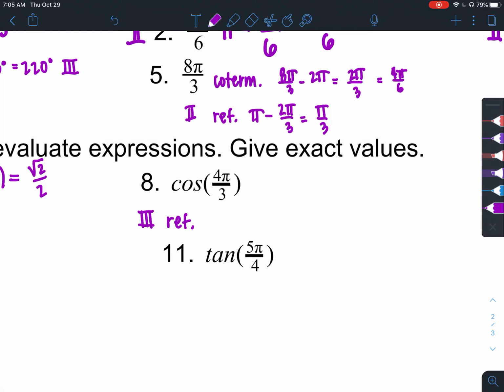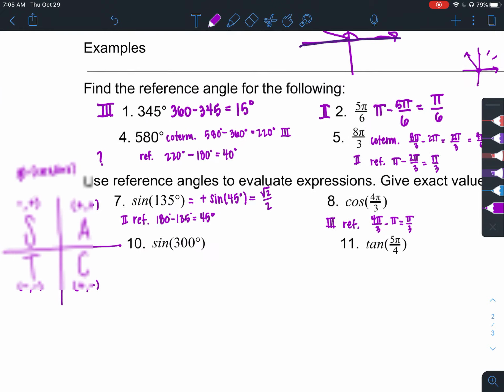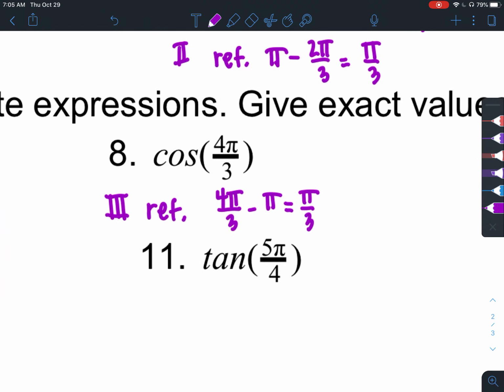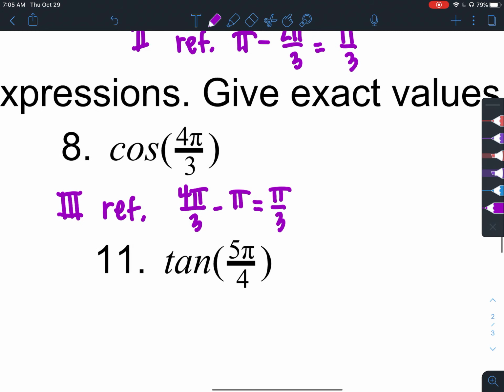So to find my reference angle, I'm going to do 4 pi over 3 minus pi, and so I get pi over 3. Now, in the third quadrant, everything except tangent is negative, so I'm looking for a negative cosine of pi over 3.